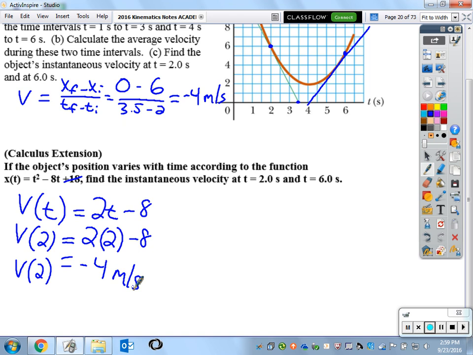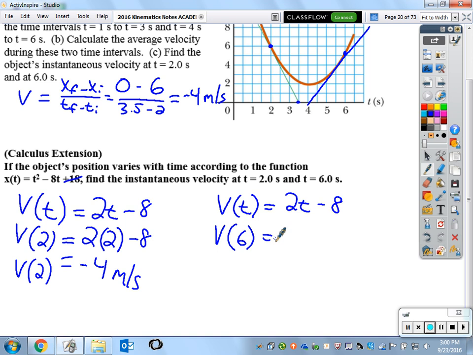Now, I know we're not always going to be giving you a beautifully drawn tangent line, okay? But we can do this. And if this is the same problem, this is what's nice about it, we don't have to do that derivative over again. We've already found the velocity function, okay? 2t minus 8 is our velocity function. So now we can find our velocity at 6 seconds.